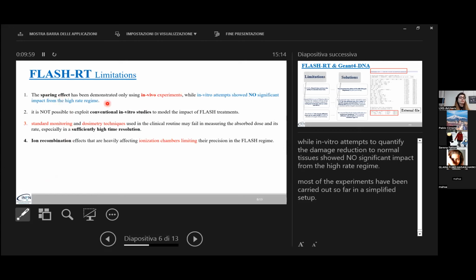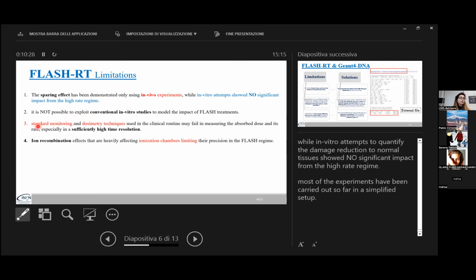Sparing effects have been demonstrated only in in vivo experiments, while in vitro shows no significant normal tissue effects in FLASH regimes. It's maybe related to the conventional equipment in clinical routines. It means it's not possible to exploit conventional studies to model a FLASH.